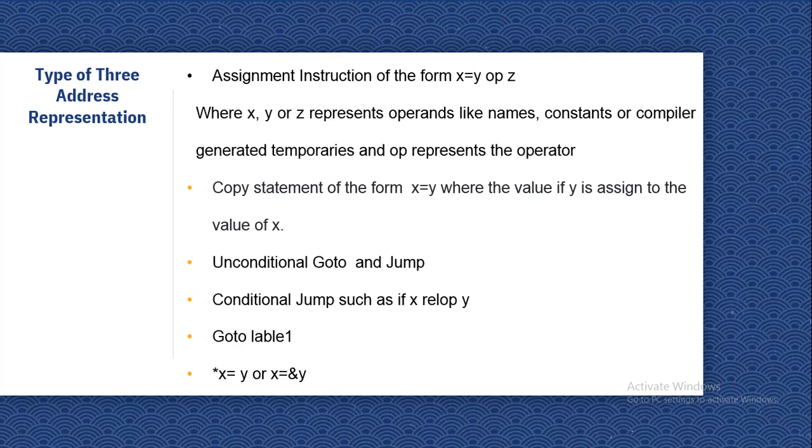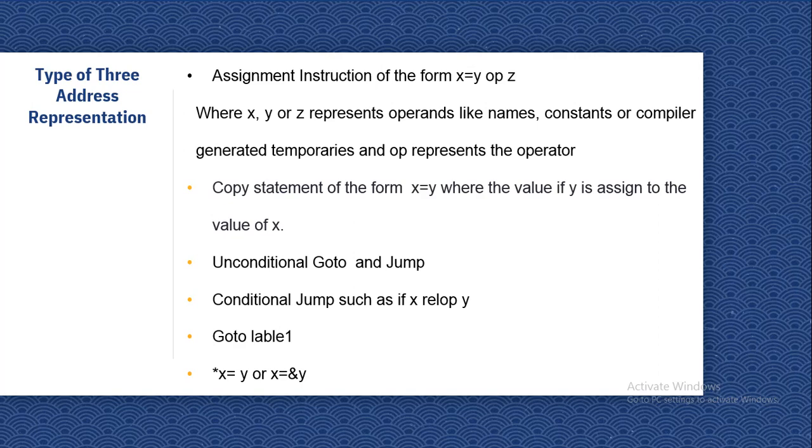Second point, we have seen that if we are copying some values, then it is also in the three address mode, like x equal y. If we are using an unconditional goto or jump, then it is also in three address representation.